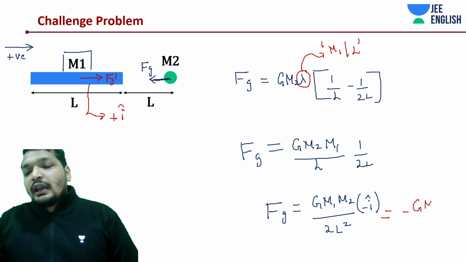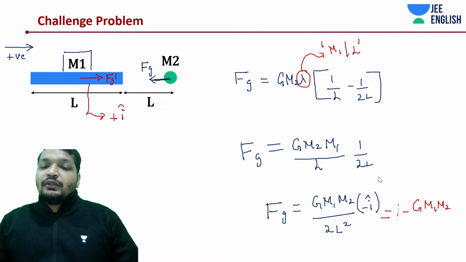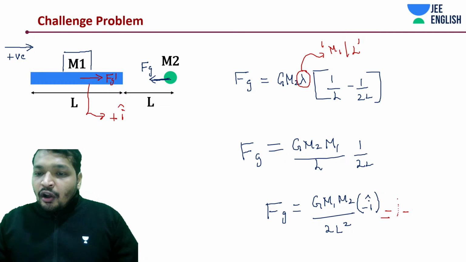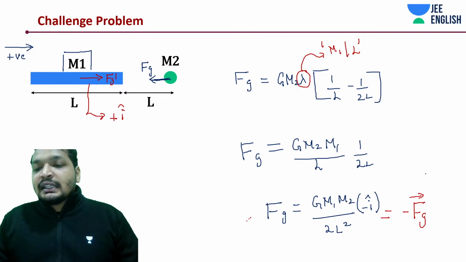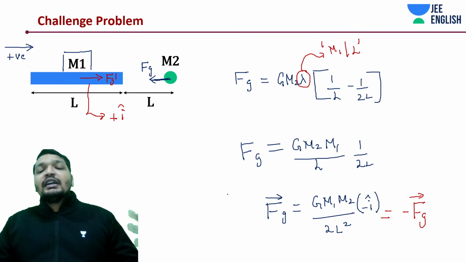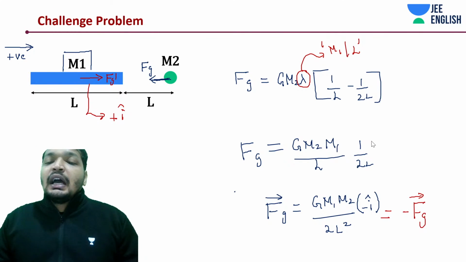G M1 M2, so plus i cap would be there. Writing it down. Rather, what I wanted to tell you is this will be minus of Fg dash. What is Fg dash in terms of vectors? Right now, up until now, we are just dealing with the magnitude. I generally recommend first finding the magnitude the easiest way, and then going to the vectors part, unless it has explicitly been asked in i cap and j cap.